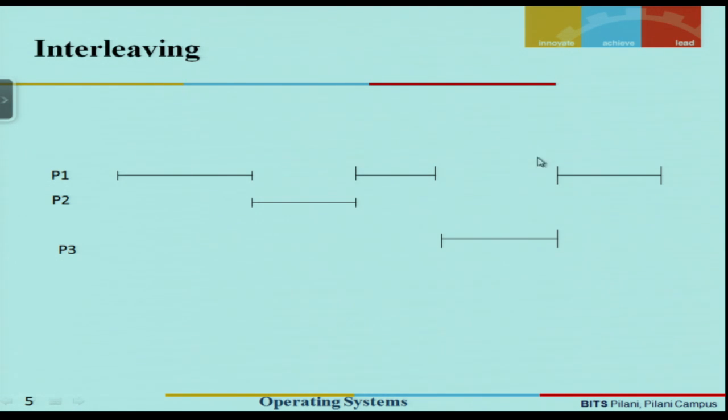By the time P1 completes execution, P2 and P3 have also completed their execution. So from this diagram we can very clearly see that interleaving allows us to improve the efficiency, or the throughput, of a machine.